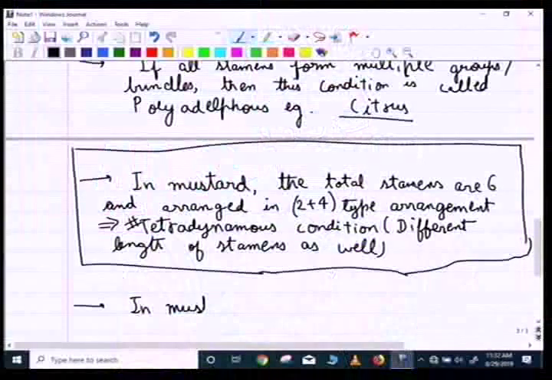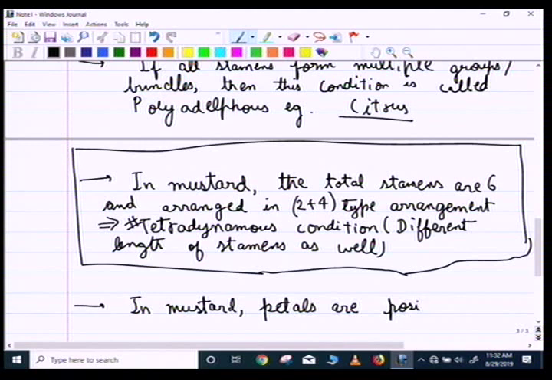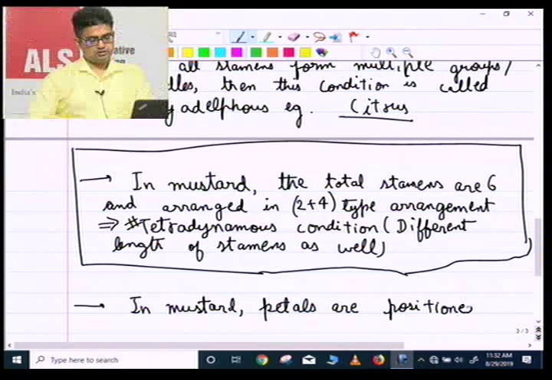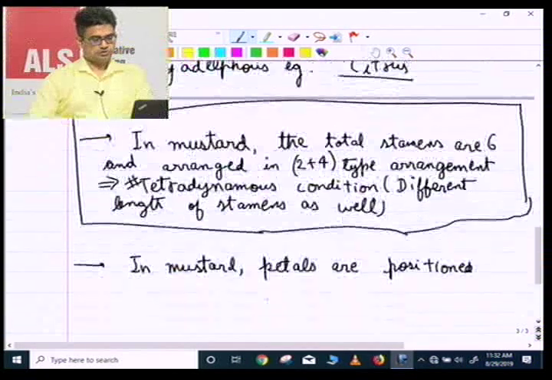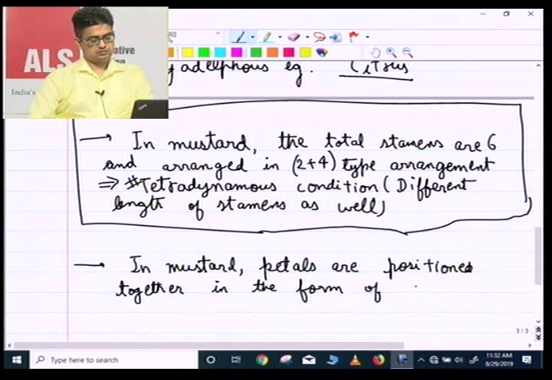In mustard, petals are positioned together in the form of a cross, called cruciform corolla.